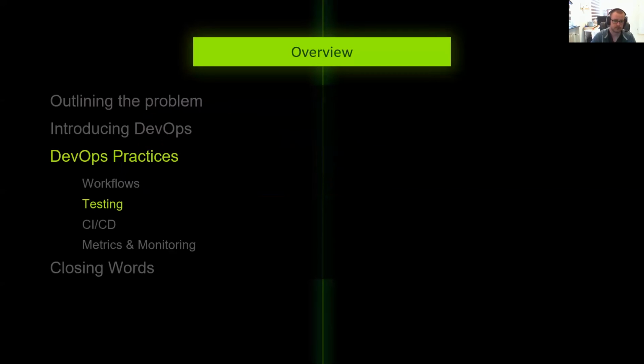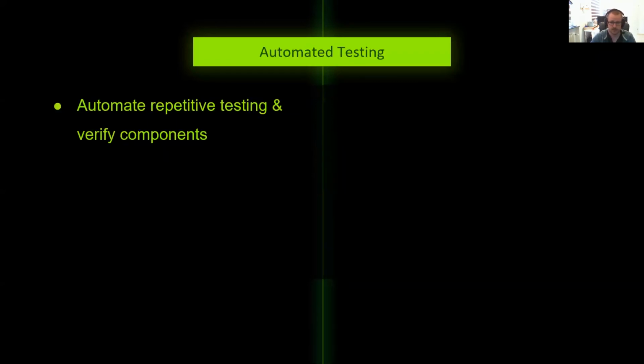Next up is a slightly tougher topic, because this actually takes more time and is not as easy to implement as the aforementioned things. And this is testing. And in DevOps, we are especially talking about automated testing. Of course, manual testing also is nice, and you probably won't be able to fully replace manual testing with automated testing.